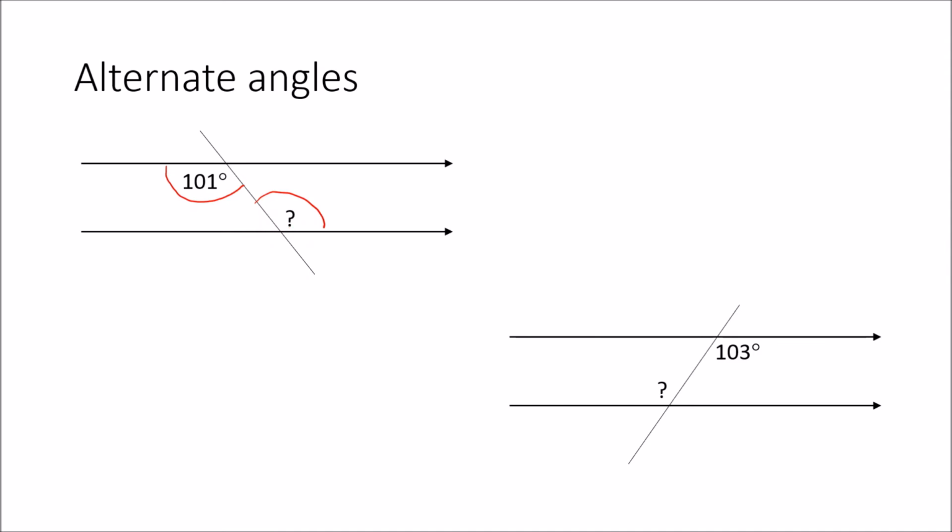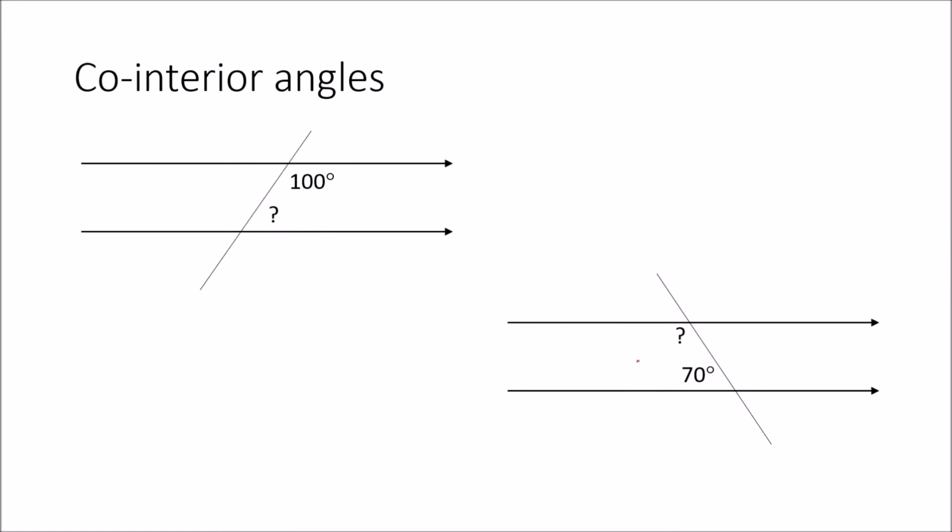Alternate angles are also congruent, which, as we remember, is a mathematical term for identical. So if this angle here is 101, this angle here is 101 degrees. If we then look at the next angle here, this is 103 degrees. We go to our next angle, which is here, which is also 103 degrees. So that is our second rule.